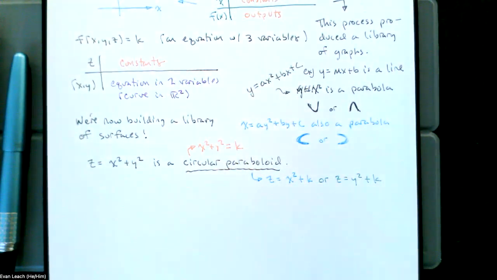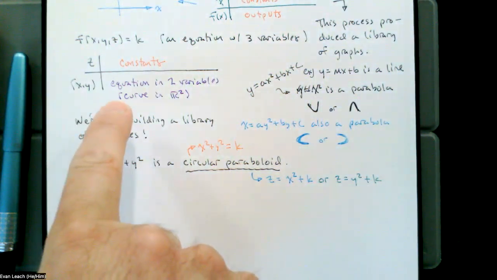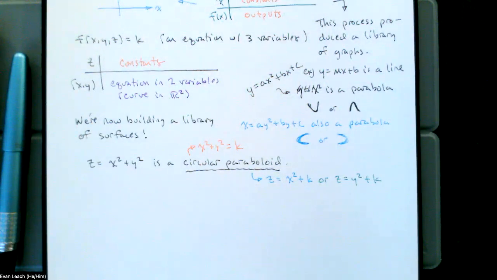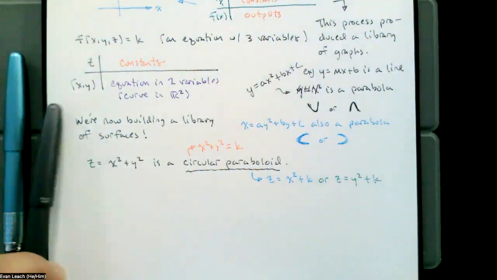We see parabolas. So when we build a table of values and shapes, when we plug in fixed values of y, put in constants for y, I'm going to have a bunch of parabolas. And so we can put that together.